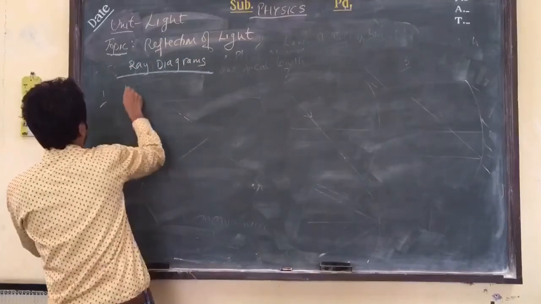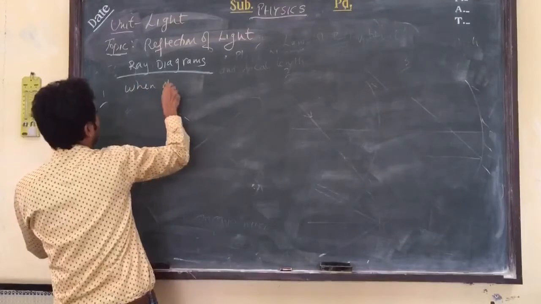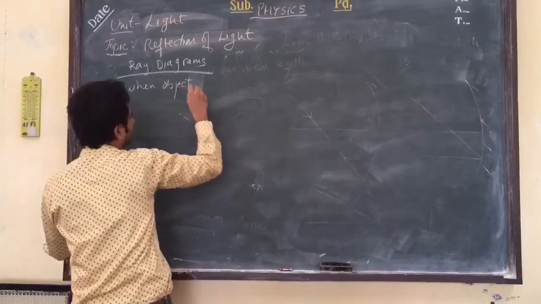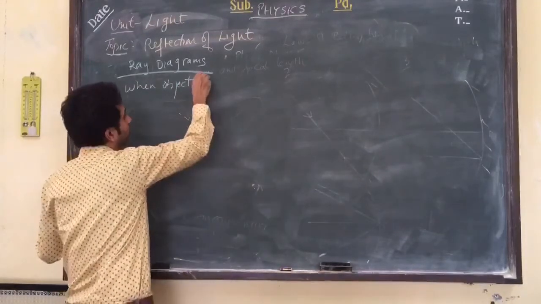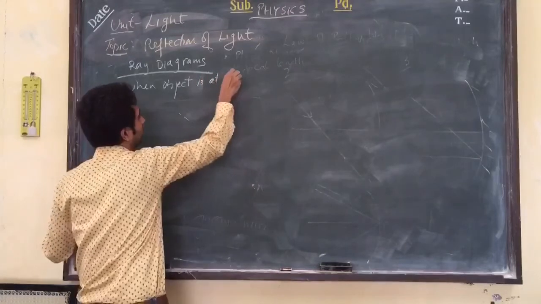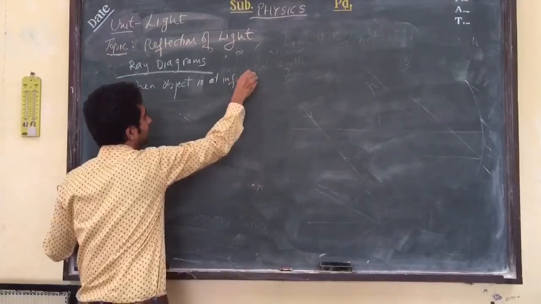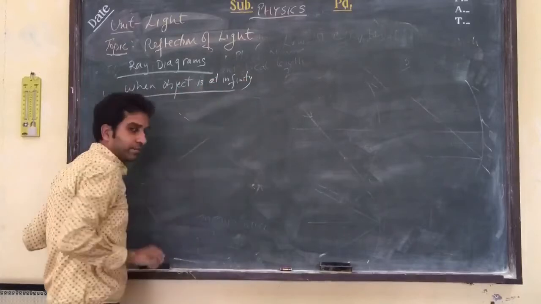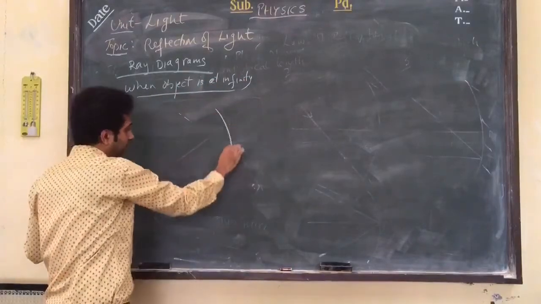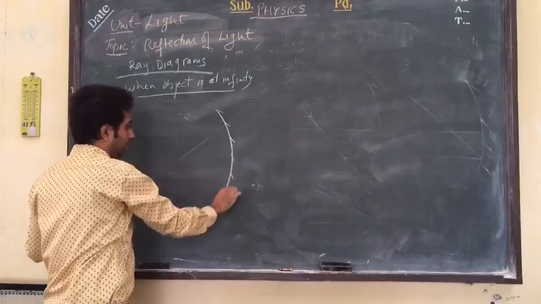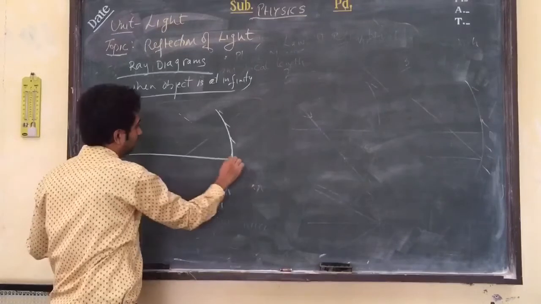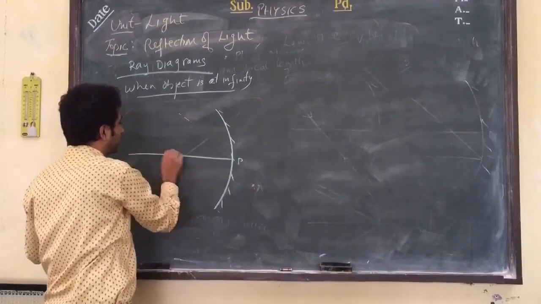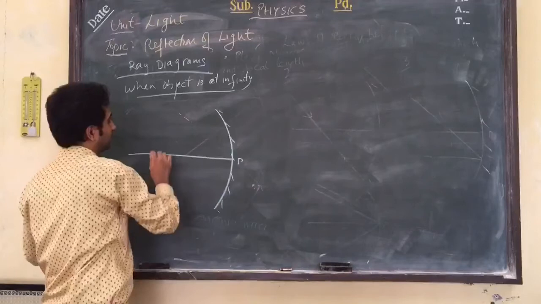First, suppose I am drawing the ray diagram for a concave mirror. First is when the object is at infinity. Infinity means very far. So see, in this concave mirror, this is the principal axis, pole, focus and center of curvature.